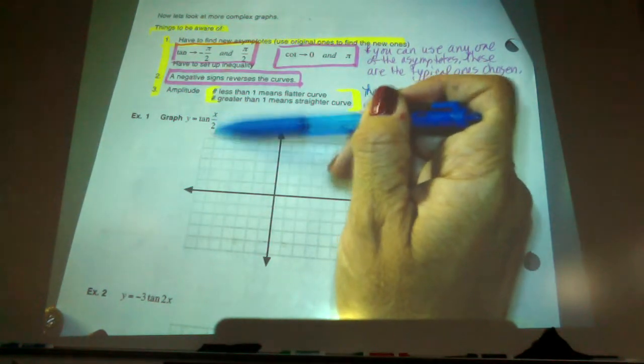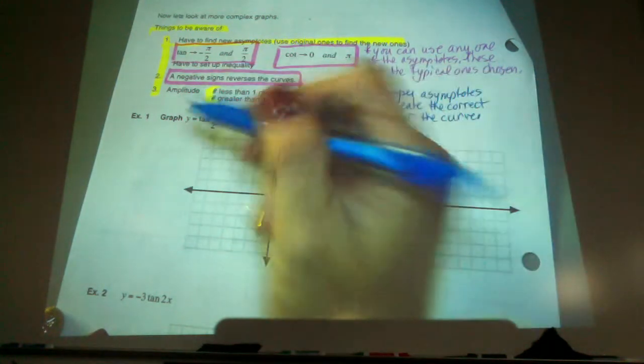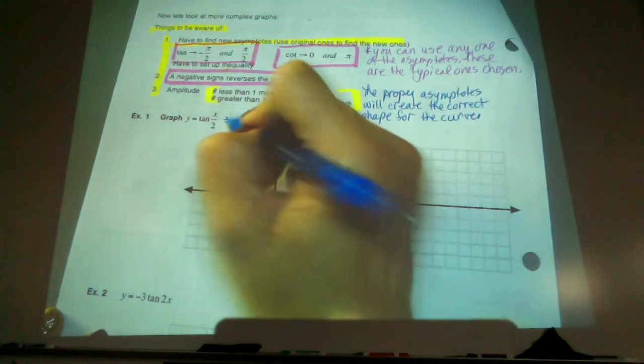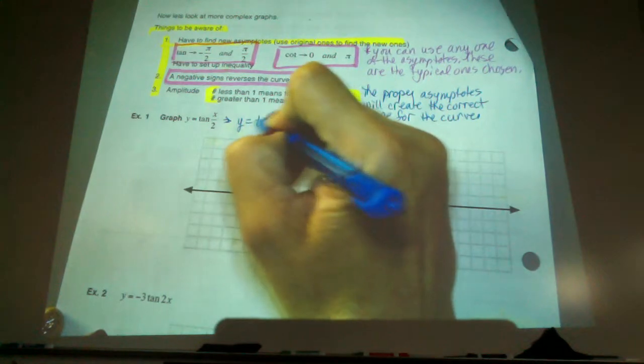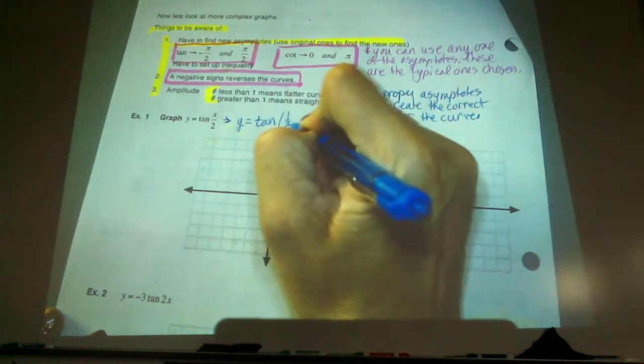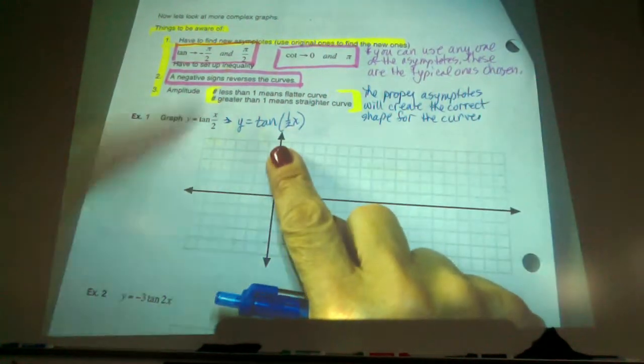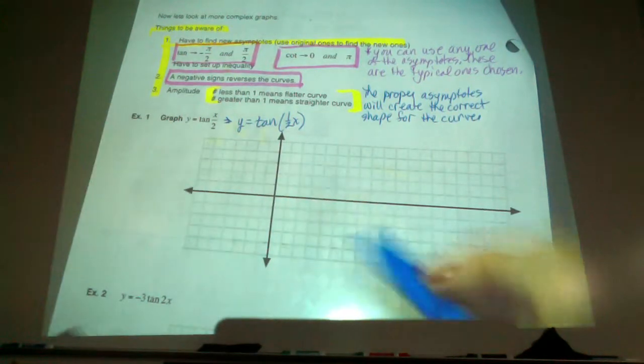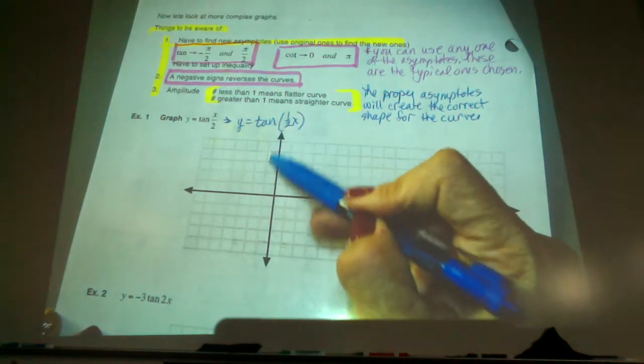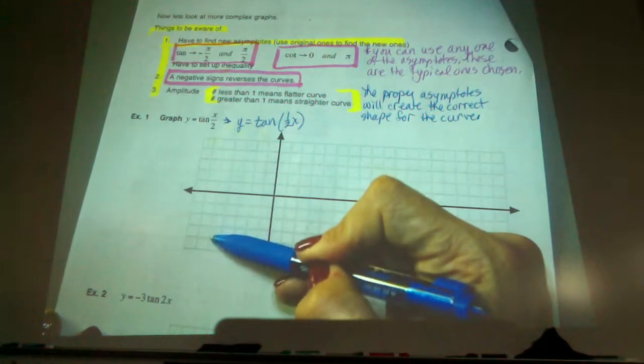And this is all I care about. So it's y equals the tangent of 1/2 x. So this is a number that's less than 1. So it should mean that I have a flatter curve. So as I come through here, that curve is going to really flatten out.